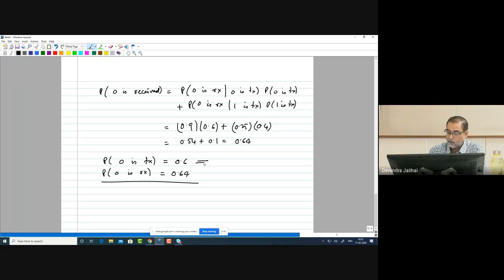The first of the two probabilities, the probability that 0 is transmitted, is what is called the prior probability. This is something that we know beforehand, something that we know a priori. So the probability of 0 at the transmitter is the prior probability.